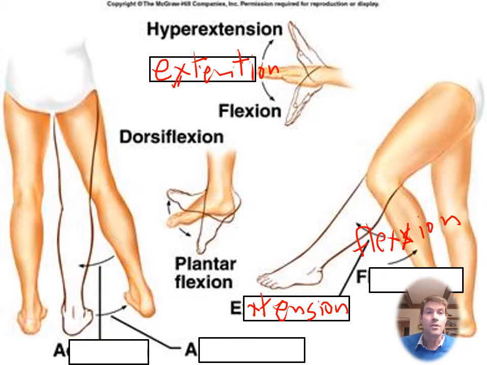Oh, this is interesting. If you go exercise at the gym, you'll see these abductor and adductor machines. Adduction is pulling it in. When you bring your leg in, it's adduction, and if you move it out, it's called abduction.